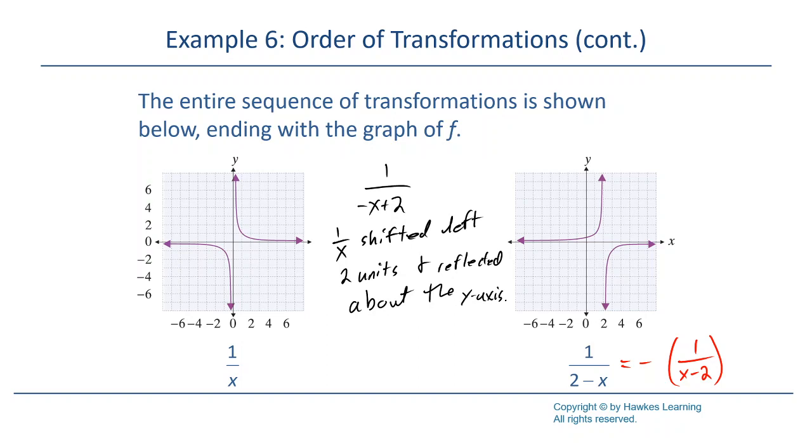That's just one other way to go about this one. Because the negative is only applied to the x, and then it's got a plus 2, so that had to be the shifting to the left. And both ways work out. It doesn't matter if you treat it as shifted left 2 units and reflected about y, or shifted right 2 units and flipped about x. It's still going to get you the same answer.